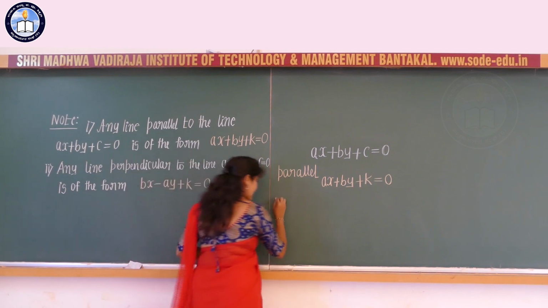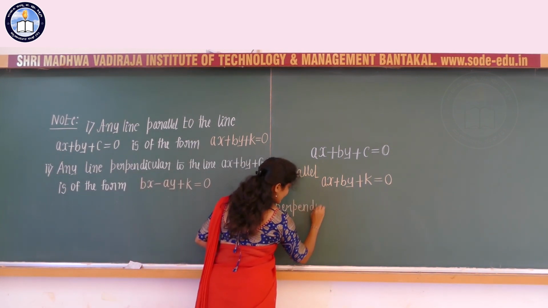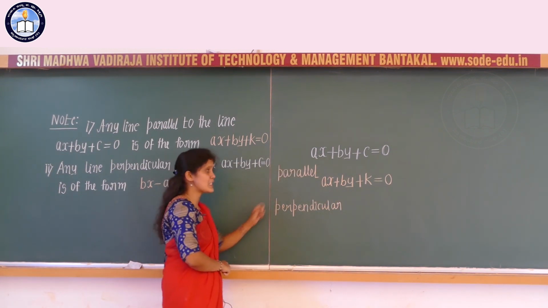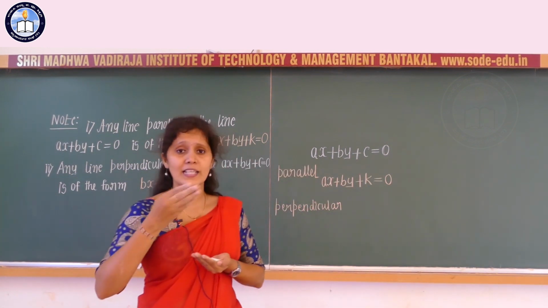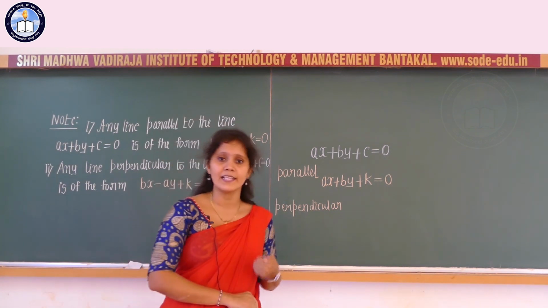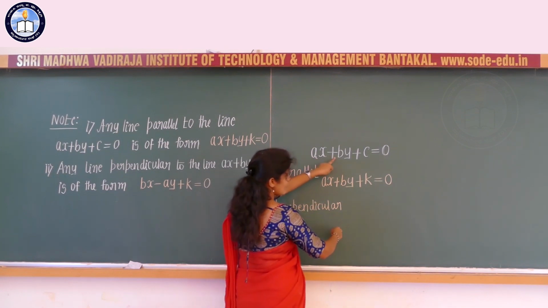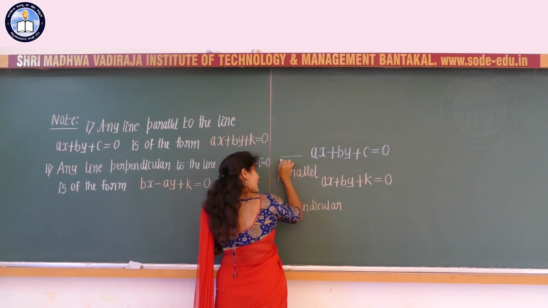Now let me consider another case, with respect to perpendicular. If the question is to find the equation of the line which is perpendicular to the given line, how do we find it? Parallel means they are parallel to each other.